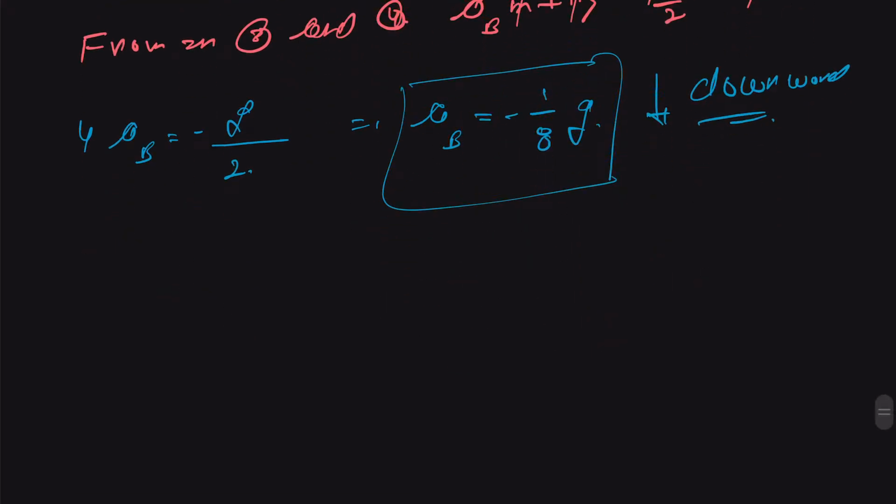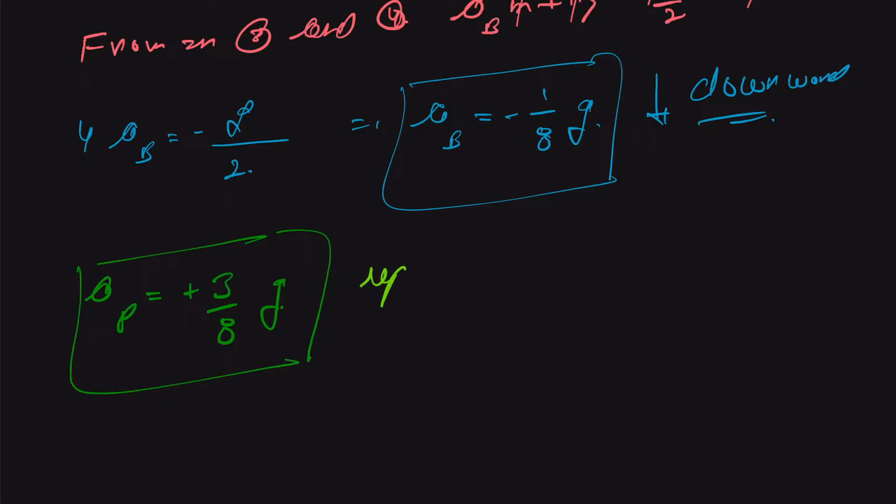Now we can easily find out our A of P. We know that our A of P is equal to minus thrice A of B, so this comes as plus 3 by 8 times g. So it is moving along the plane, okay, or we can say up the plane. And if required, we can find out a tension.